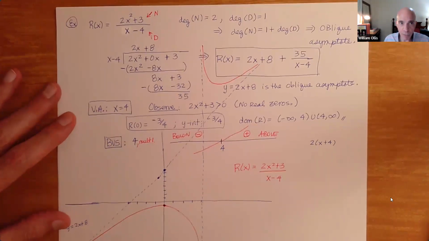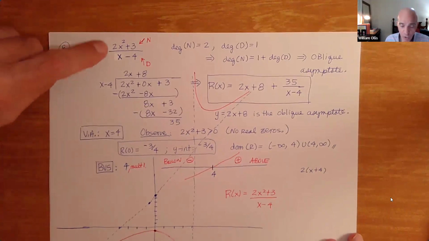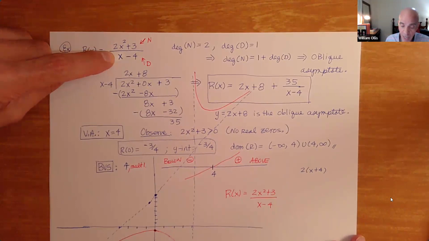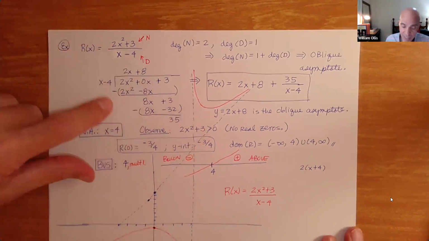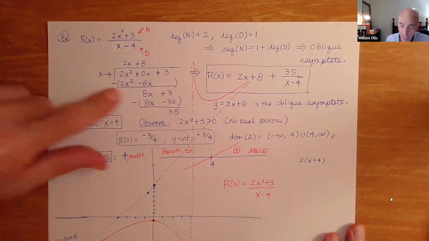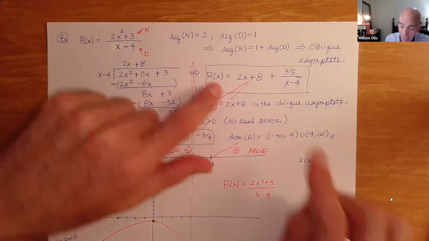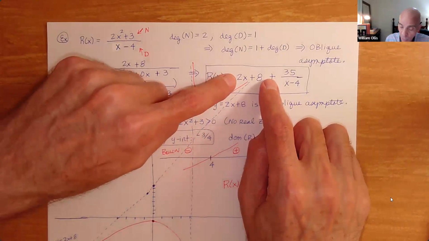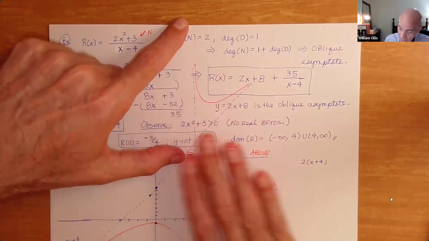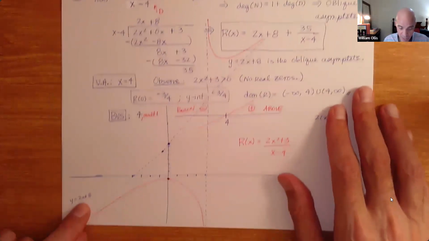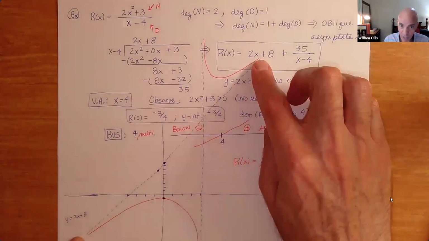So again, in summary, we started with the degree of the numerator one more than the degree of the denominator. We use our basic polynomial division to determine the oblique or slant asymptote. And we see that the function will approach these values again as x gets positively infinite and negatively infinite. We see we're approaching the slant asymptote here and here.